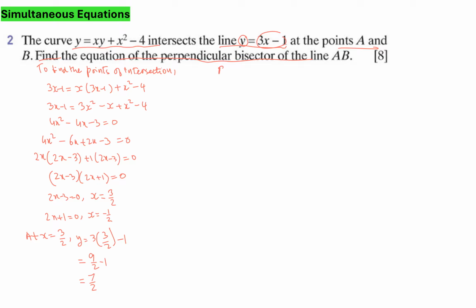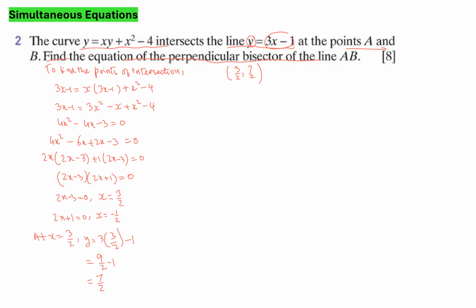So here I get the points as 3 over 2, 7 over 2, and then I get the other point. Which one is A and which is B doesn't really matter, but it would be interesting to get a sense of what the graph would look like.